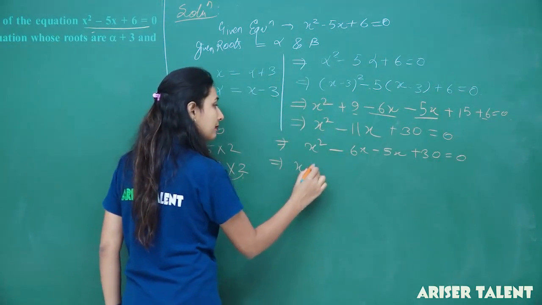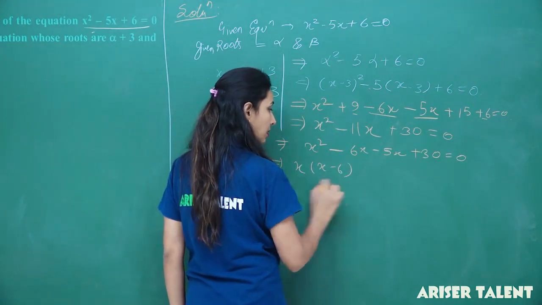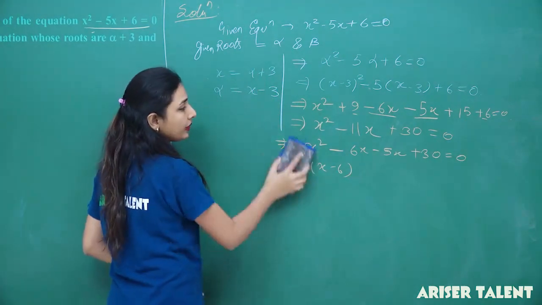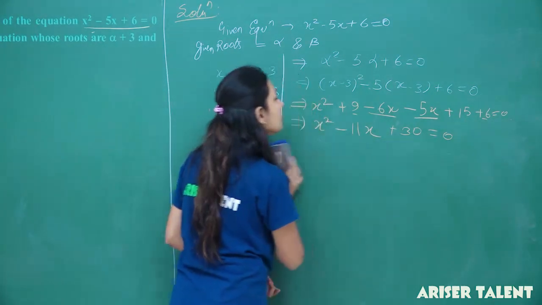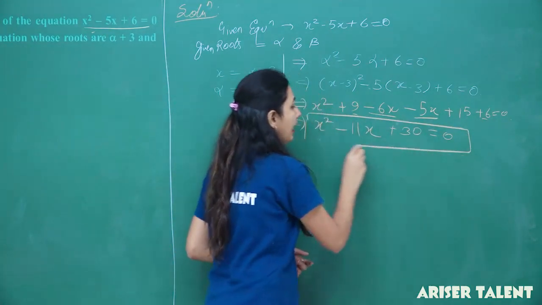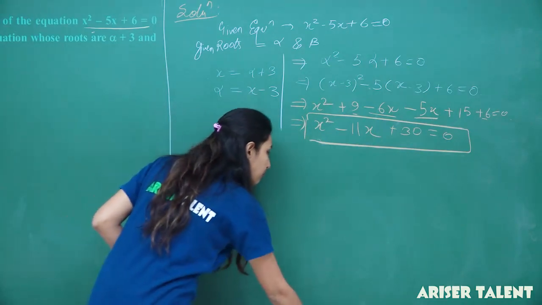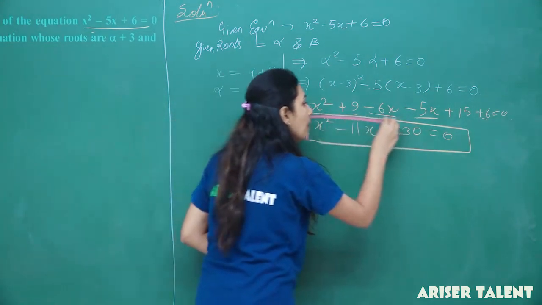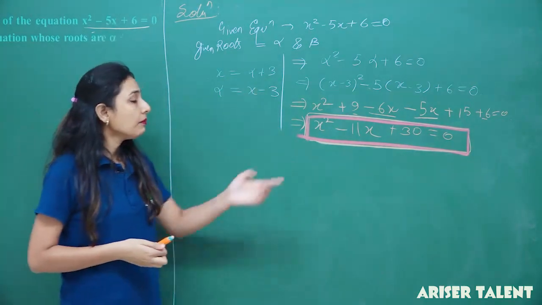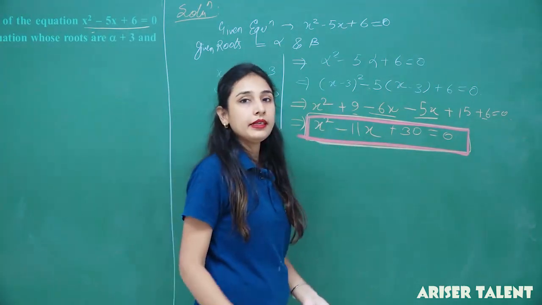It will give me x minus 6. No, actually no. What are we doing? We are again finding the roots. Here it is, the actual equation, right students? We were asked about the equation. So here it is, the equation: x square minus 11x plus 30 equals 0.